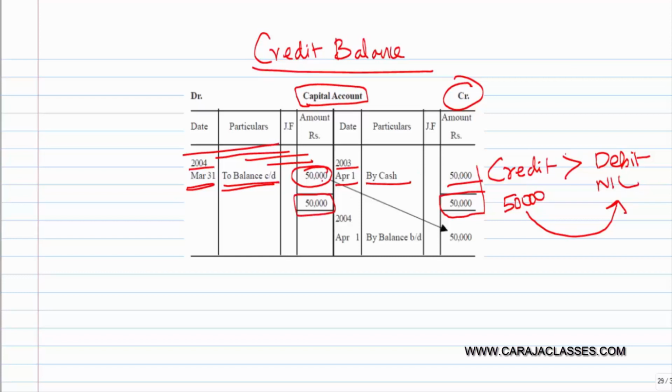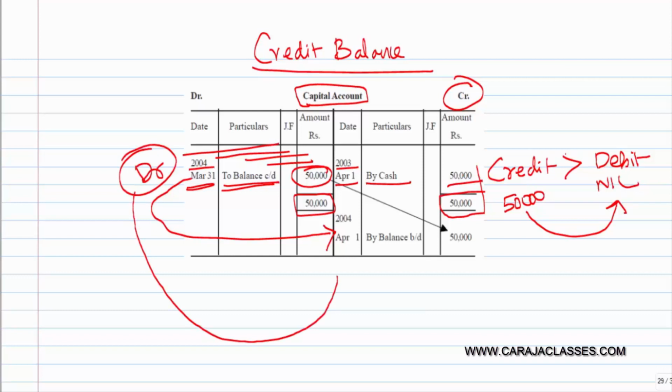Now this is the closing balance of the capital account at the year end, and this would become the opening balance in the next financial year. Here we have written it on the debit side as a balance, and in the next year when it is written as the opening, it will find its place on the credit side by balance brought down 50,000. So this is the case where you have a credit balance.